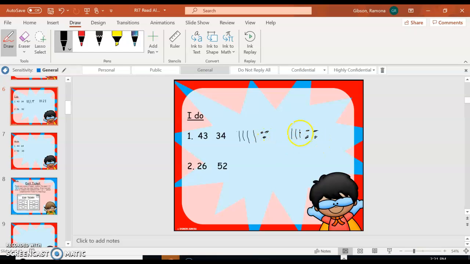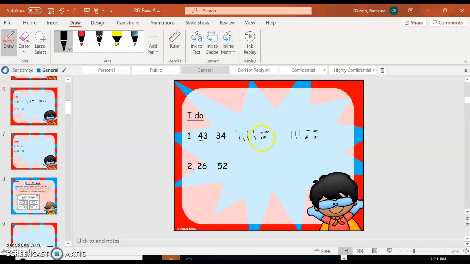I know that I read left to right and I'm going to start with the tens place. The tens, let me underline that, the tens place. So if I'm looking at the tens place, I see that the number on the left side is 4 and the one on the right side is 3. So I have one more ten than the number 34, which has 3 tens.